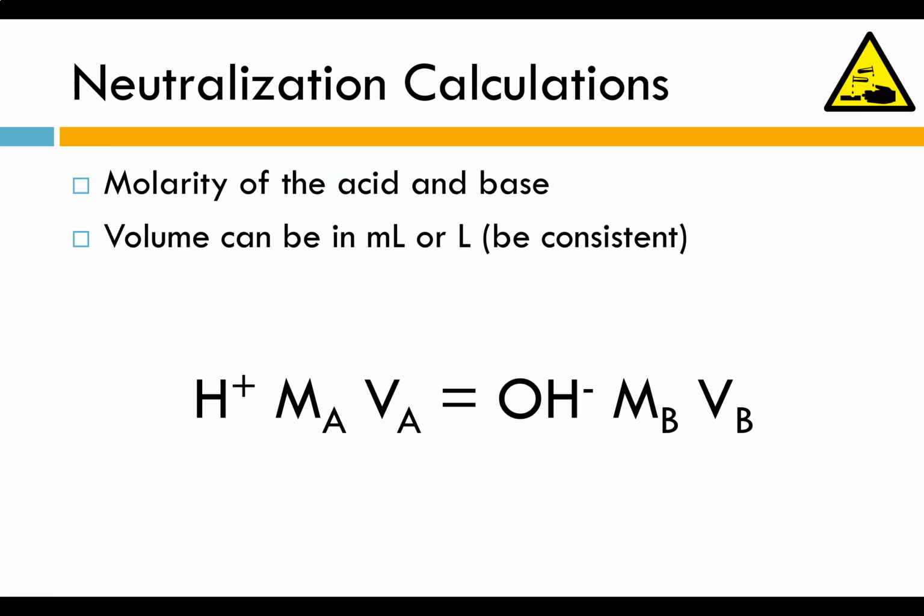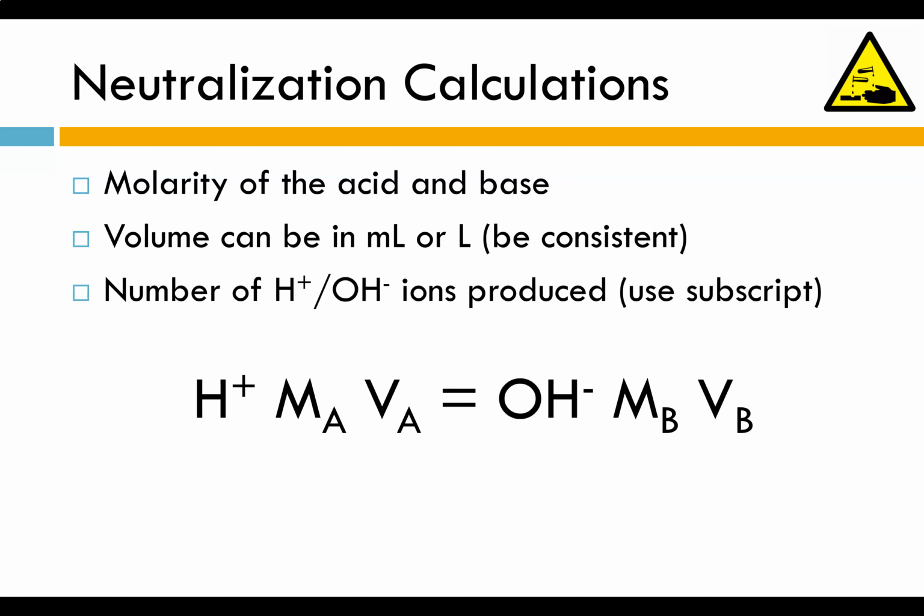We can work in either milliliters or liters, but we need to be consistent. In other words, don't make the volume of the acid in liters and then calculate the volume of the base in milliliters. Use the same unit. The H plus and the OH minus have to do with how many ions are going to be produced when that acid or base dissociates.